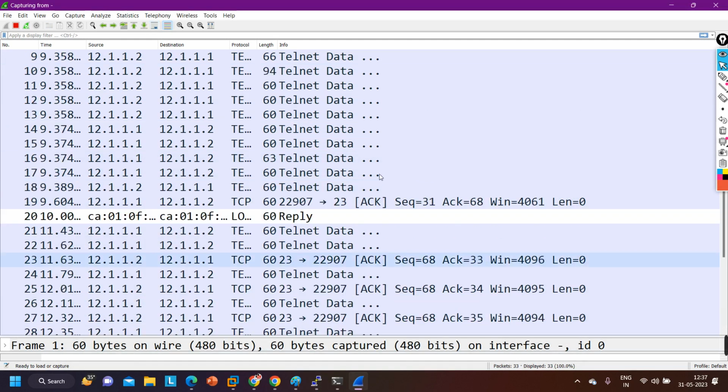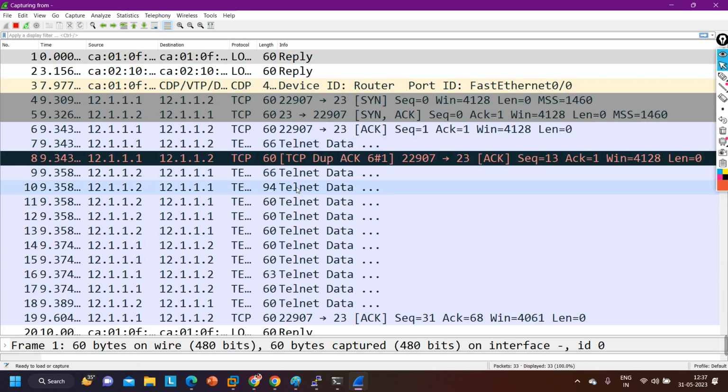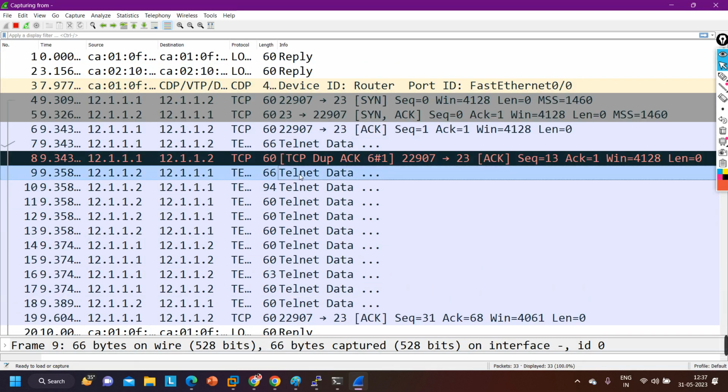See, brother, the actual Telnet message is here. Before sending the actual Telnet message, it has exchanged 3 messages. Yes or no? SYN, SYN-ACK, and ACK. Yes. Here the sequence number is 0, here the sequence number is 0, but the acknowledgement number is 1, and here the acknowledgement number is 1. Sequence number is 1. Got it?